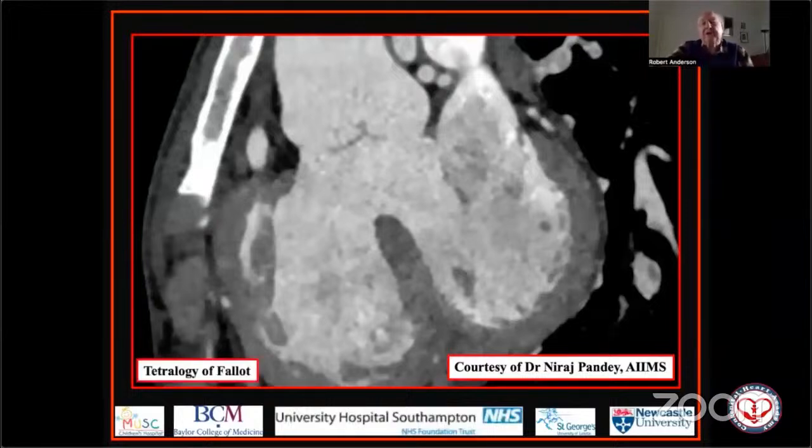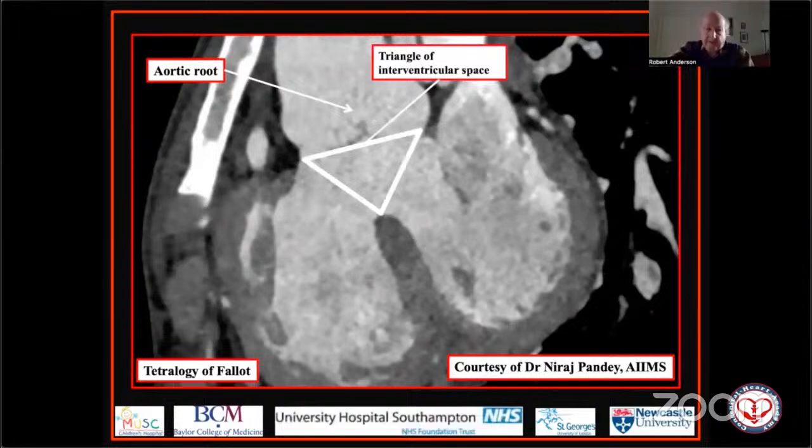So here we're looking at the typical arrangement in tetralogy of Fallot, where the aortic root is more or less balanced between the ventricles. So here we have that 50% arrangement, and should we decide whether it's concordantly connected or whether it's double outlet?